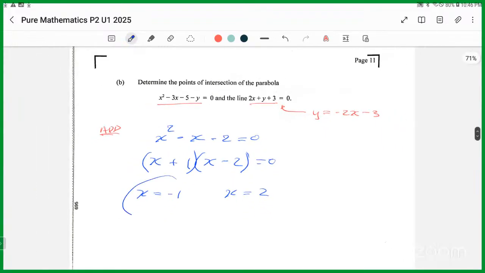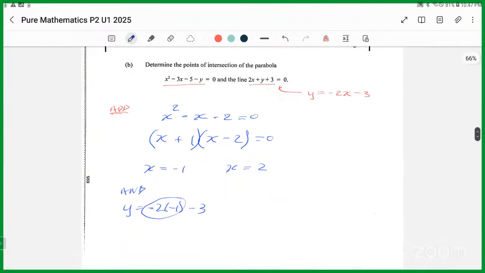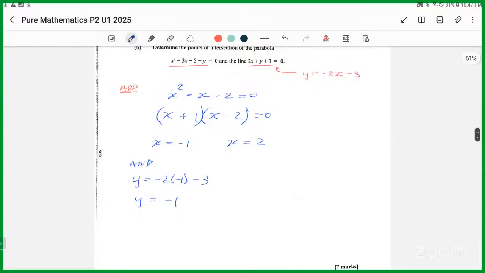Now I plug these values in to get the corresponding y values. For this one, y is equal to minus 2 times minus 1 minus 3. That becomes a positive 2, so negative 1. So y is equal to negative 1. So one point is (negative 1, negative 1).